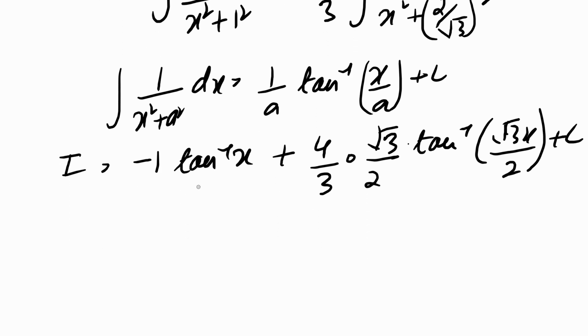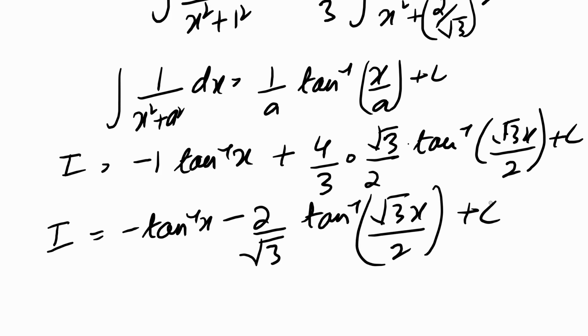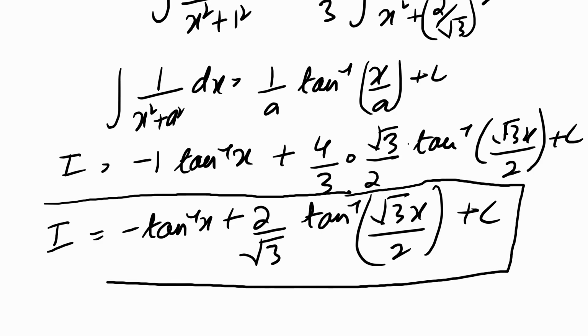So this will become I is equal to minus tan inverse x minus 2 upon under root 3 tan inverse under root 3x upon 2 plus c. This will be our answer.